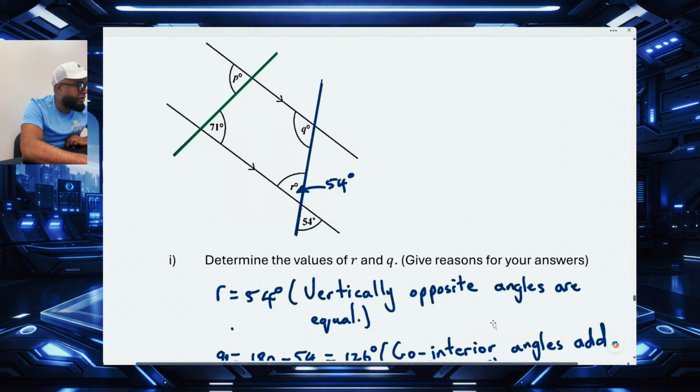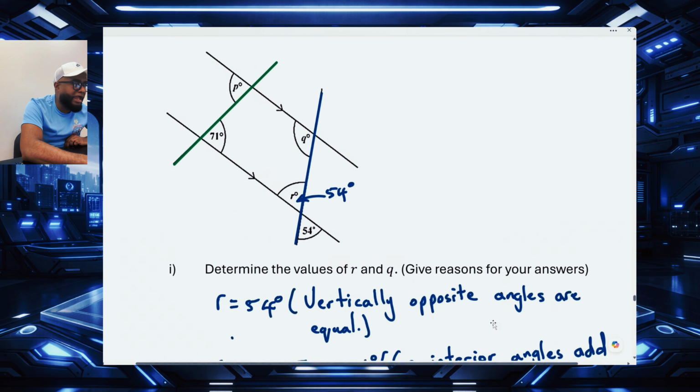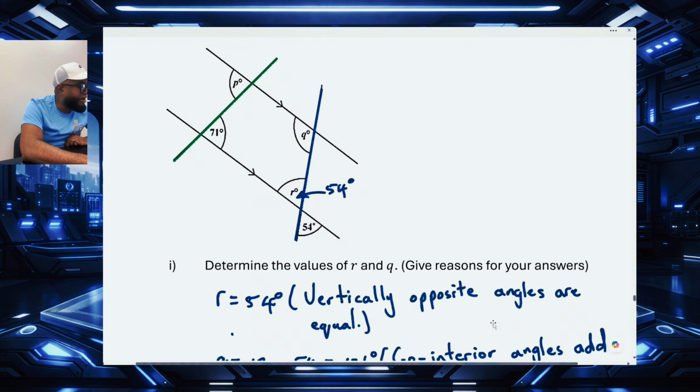The last thing they want us to do is to give a geometrical reason why angle P is equal to 71. Because alternate angles are equal. Very good, guys.